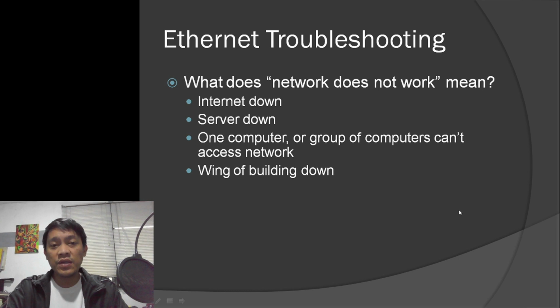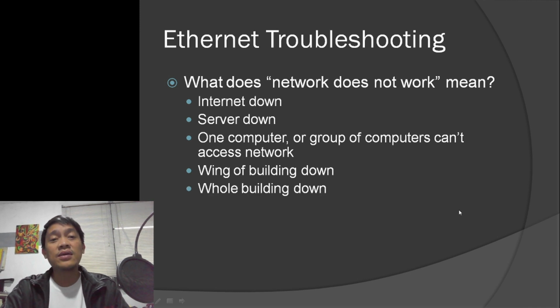Next, it may be a wing of a building, or a building down. Ito ba yung portion ng building na walang connection, or the whole building, lahat yung buong building ba wala? So you may be considering troubleshooting the backbone. Baka mamaya wala ka ng backbone connectivity, from your main building to the other building. So you have to consider those connectivities.